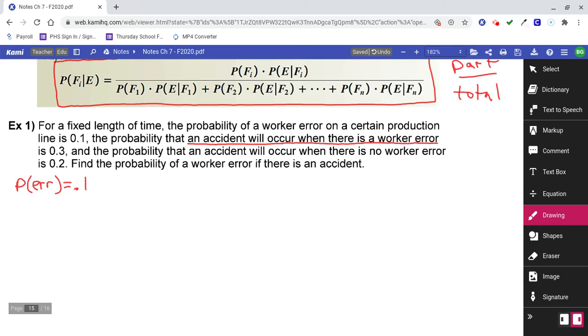Does the accident happen because there is an error, or does the error happen because there is an accident? Which came first? The error. And so we can say that we're finding the probability of an accident given that there was an error. You need to think really hard about what those words mean. And that was 0.3.